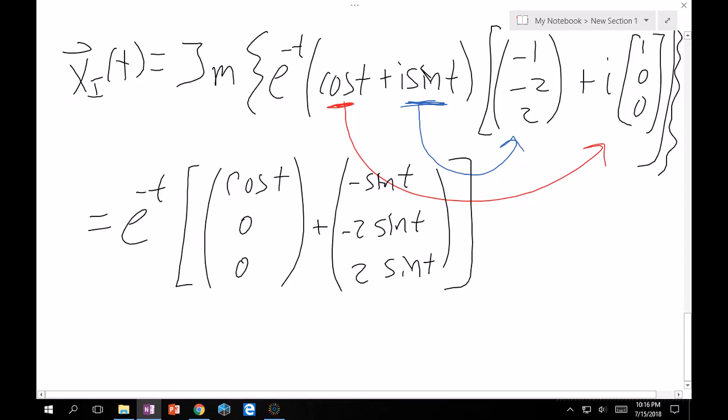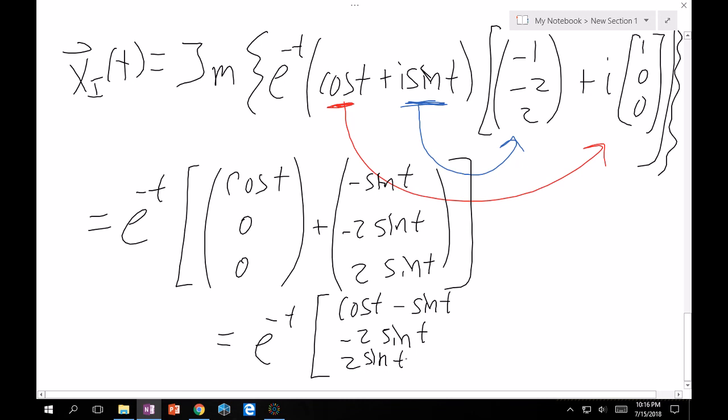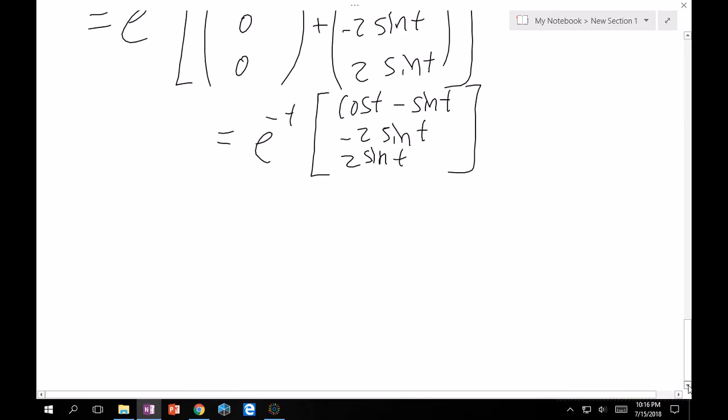And then really all that is e to the minus t, and then (cosine t minus sine t), right, minus 2 sine t, and then 2 sine t. Right? Good. And then you just add them all up together, right?